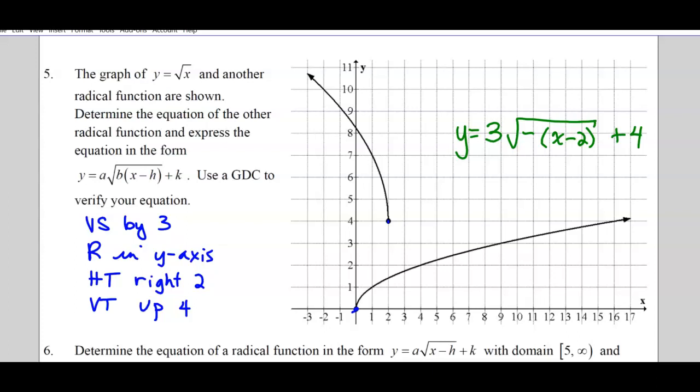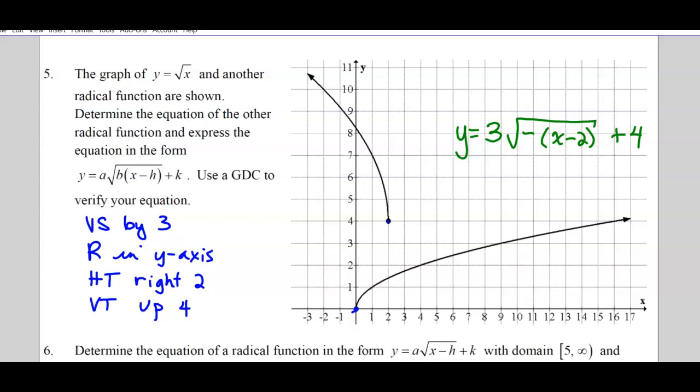You can also express that as a horizontal stretch of 1/3. Oh, yeah, because, right, that makes sense.